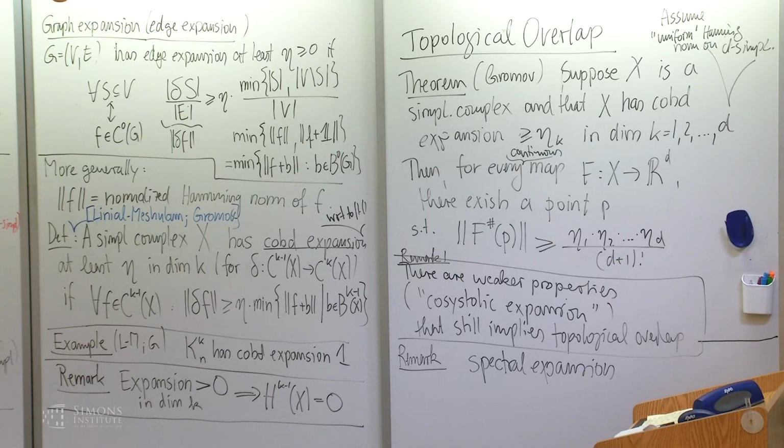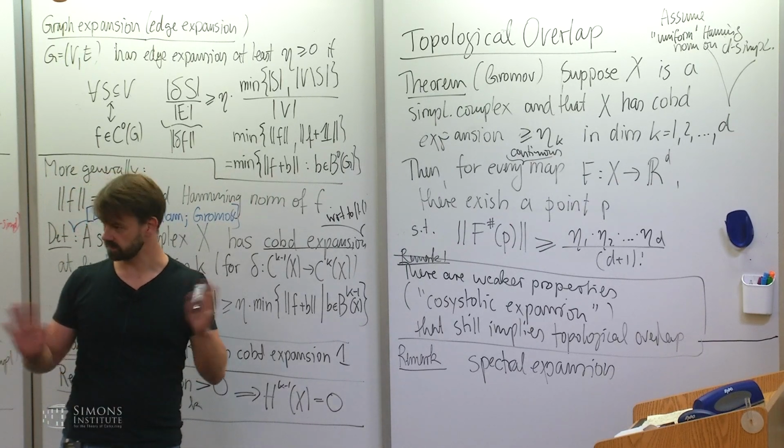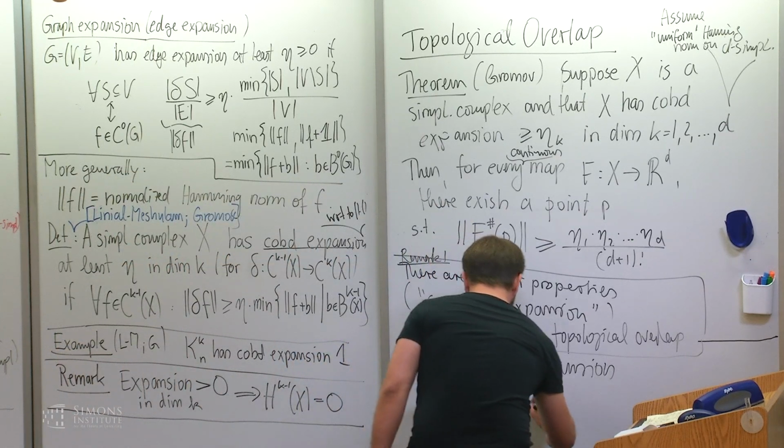I can explain it offline, but you can construct, for instance, a two-dimensional complex, even with a complete one skeleton, where the link of every vertex is as good a spectral expander as you could possibly hope for. It essentially looks like G(n,1/2). But still, the whole two-dimensional complex is not a co-boundary expander. And that example will have all possible spectral properties that you can hope for with the optimal eigenvalue gaps and so forth. So spectral expansion does not imply co-boundary expansion.